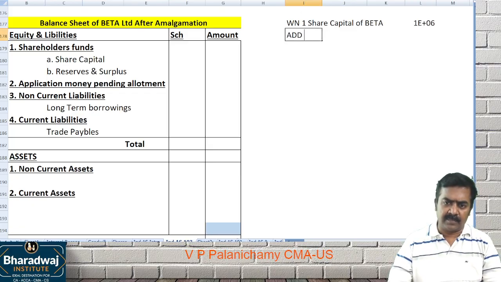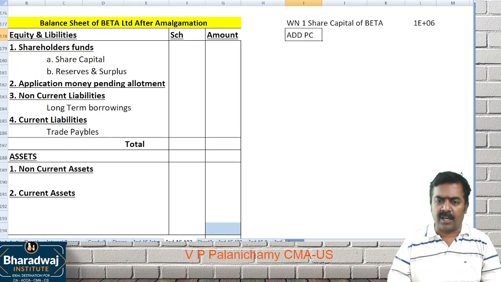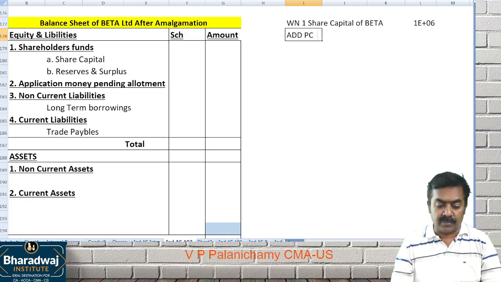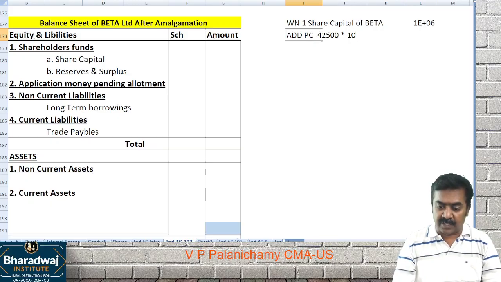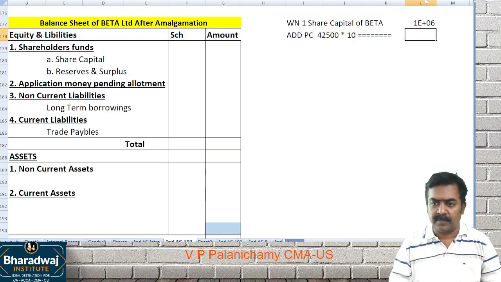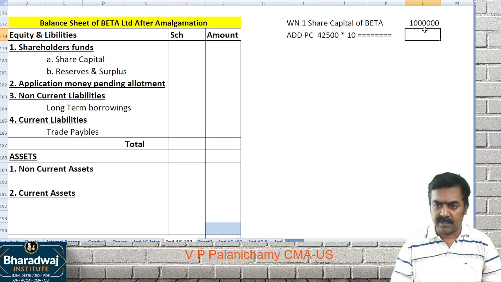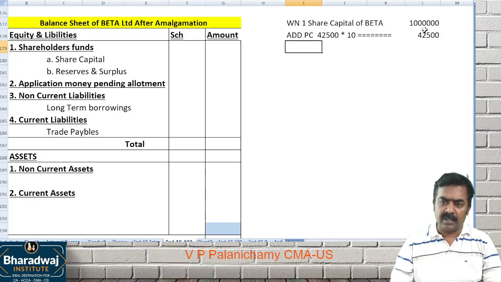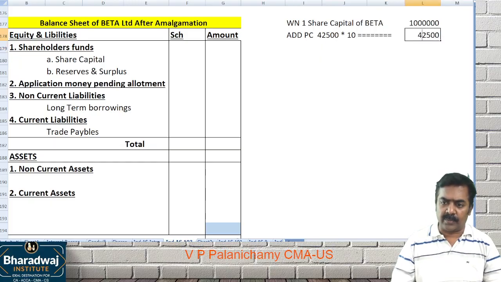Add the purchase consideration, how many shares have we given? 42,500 into 10 rupees. Only the face value should come here because the premium will be recorded as which one? Reserves and surplus. So 42,500 into 10 is 4,25,000. Capital portion will come here.